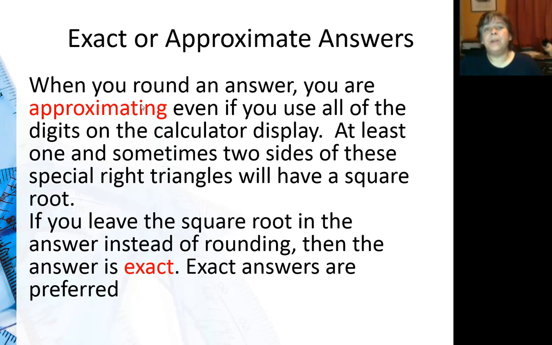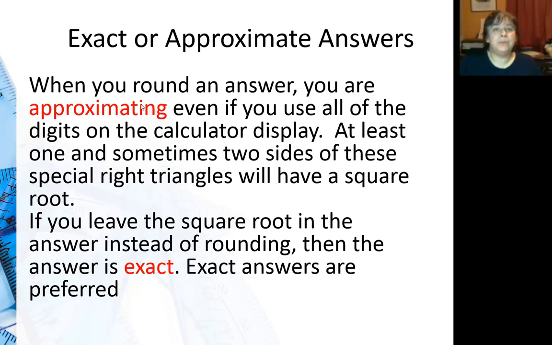Also, one other thing, we're going to have a lot of square root answers. So I really prefer exact answers over approximate answers. What does that mean? Anything you punch in your calculator where you have any sorts of decimals and there was a square root, you are approximating. Even if you use every digit on that display. You don't want me to ask you to write down the entire decimal answer because it never ends.